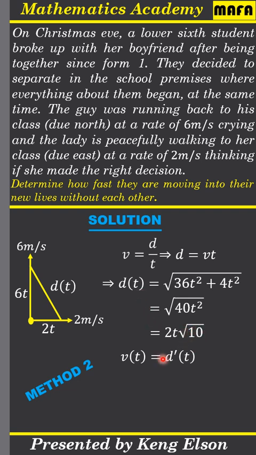How fast is that distance changing with respect to time? That's the velocity. So we have to differentiate that distance to get the velocity, and differentiating 2t root 10, since this is just a linear polynomial, we just get the coefficient of t, which is 2 root 10. So in either way, the velocity, or how fast they are moving into their new lives without each other, is 2 root 10 meters per second.